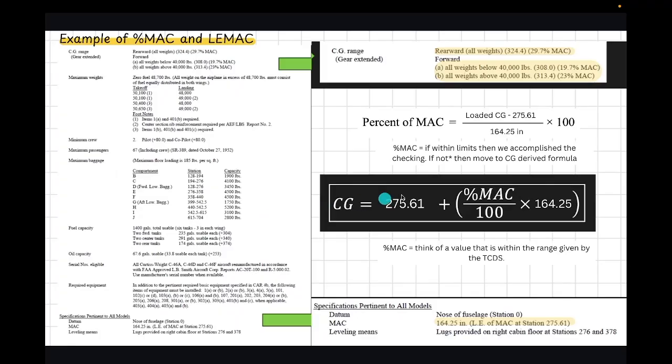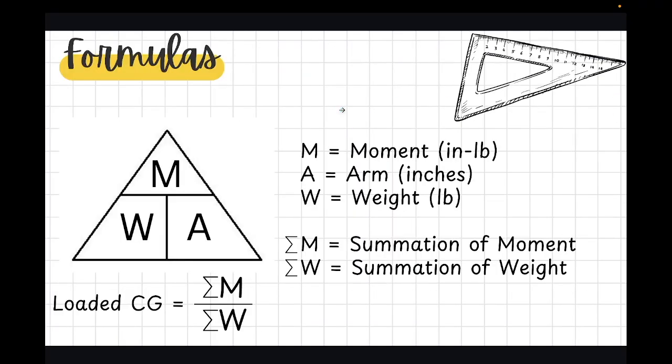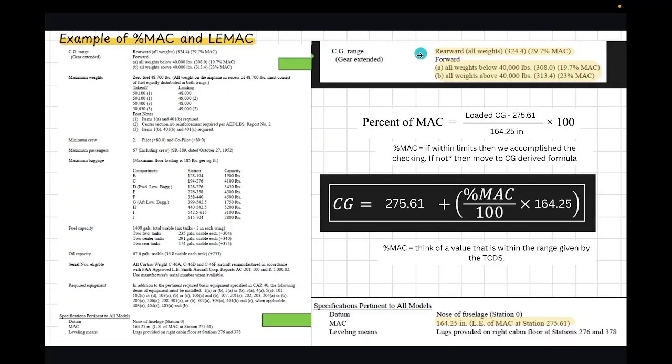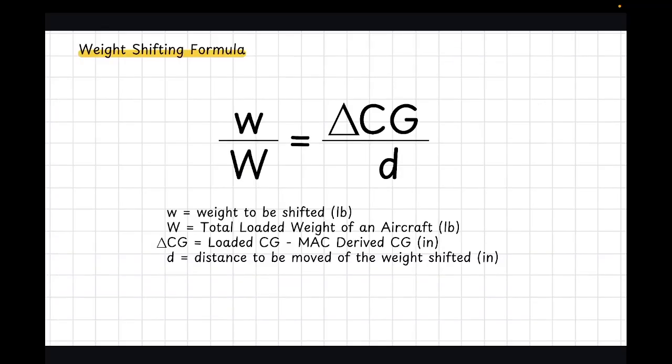So, going back, we will only use the CG formula derived from percentage Mach if percent of Mach and loaded CG are not within limits. If the answers for percent of Mach and CG do not fall within the limits, we will use the derived formula of percent Mach to get the CG. Okay, guys?